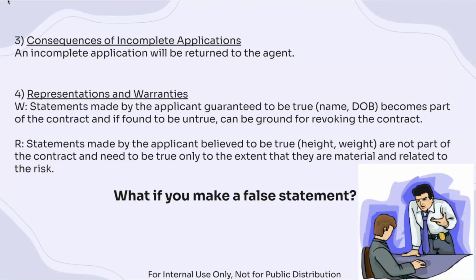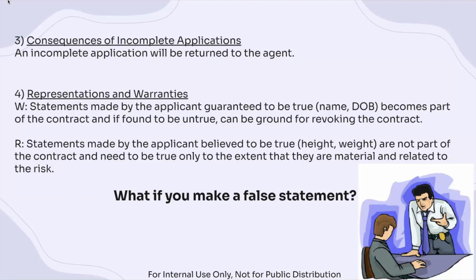Now, how about representations? Representations are statements believed to be true. This might be your weight, your height, your medical history. And why might medical history be believed to be true, but might not be true?